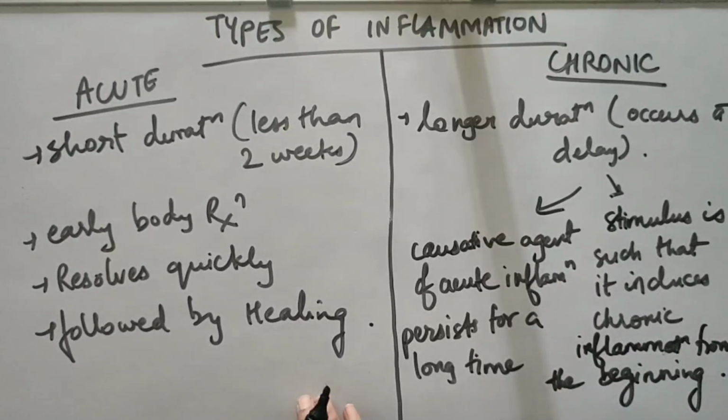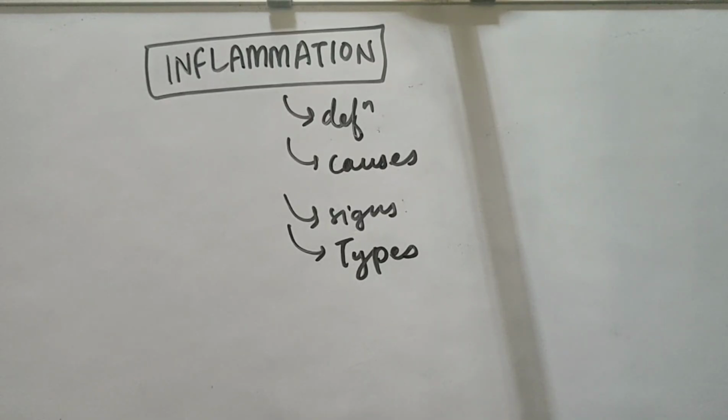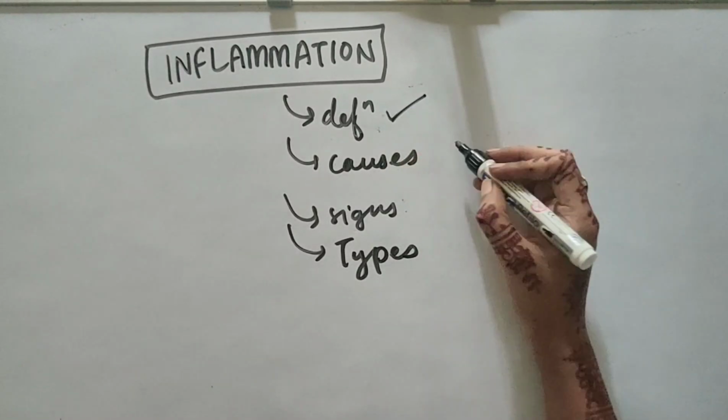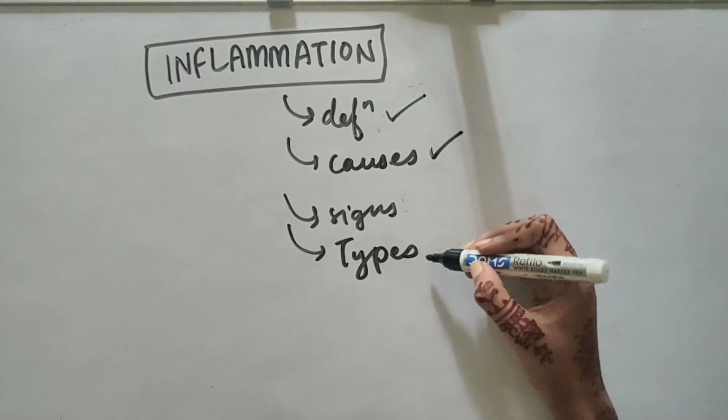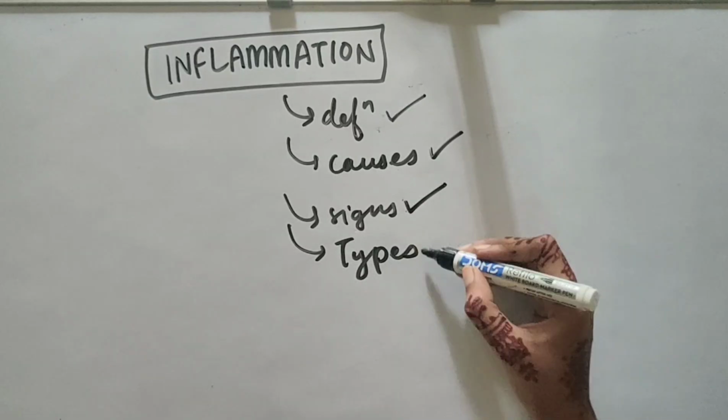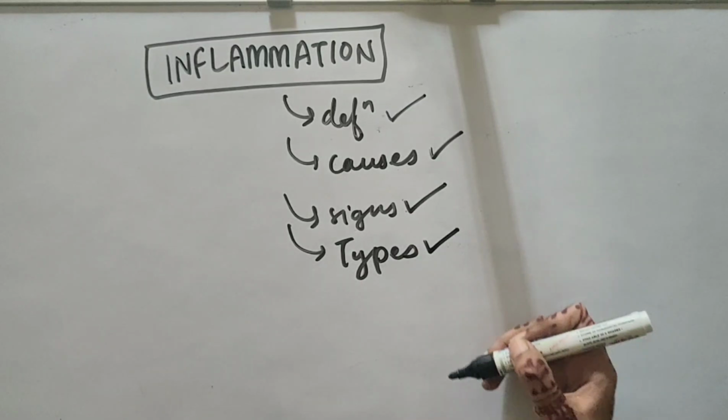Okay, so this is the major difference between acute inflammation and chronic inflammation, and these are classified depending on the defense capacity of the host and the duration of response. In today's video, we learned about the definition of inflammation, causes of inflammation, signs and types of inflammation.